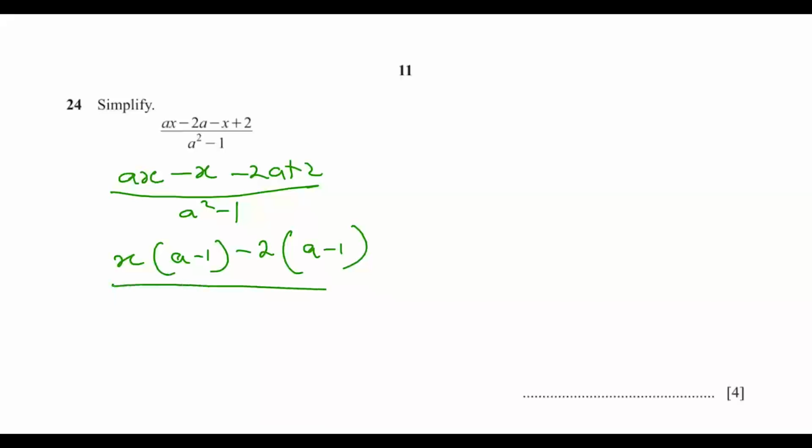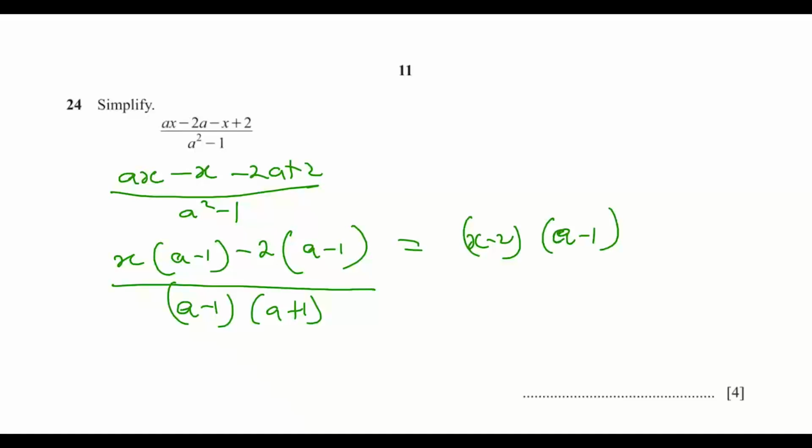Then this is a difference of two squares, so it will be a minus 1 into a plus 1. So this one is the same thing as x minus 2 into a minus 1, over a minus 1 into a plus 1. So this will cancel this. So the final answer equals x minus 2 over a plus 1. So that will be the final answer there.